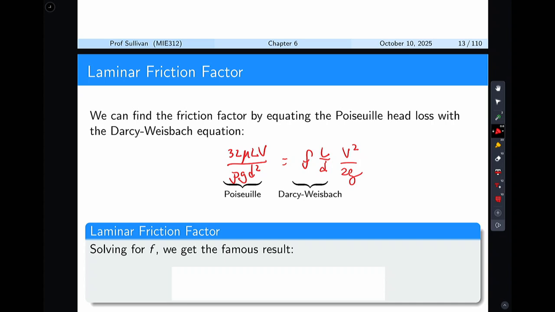What that gives you is a way of redescribing what's happening in terms of these friction factors.